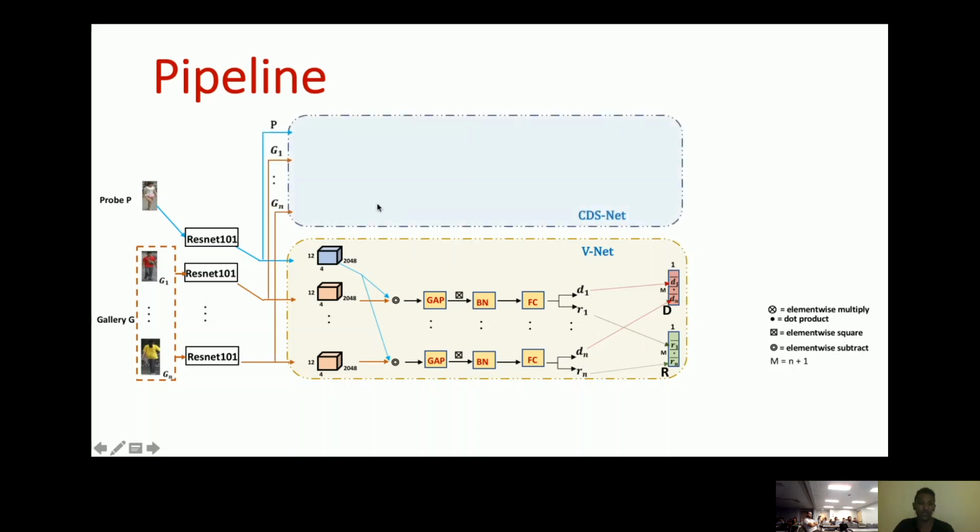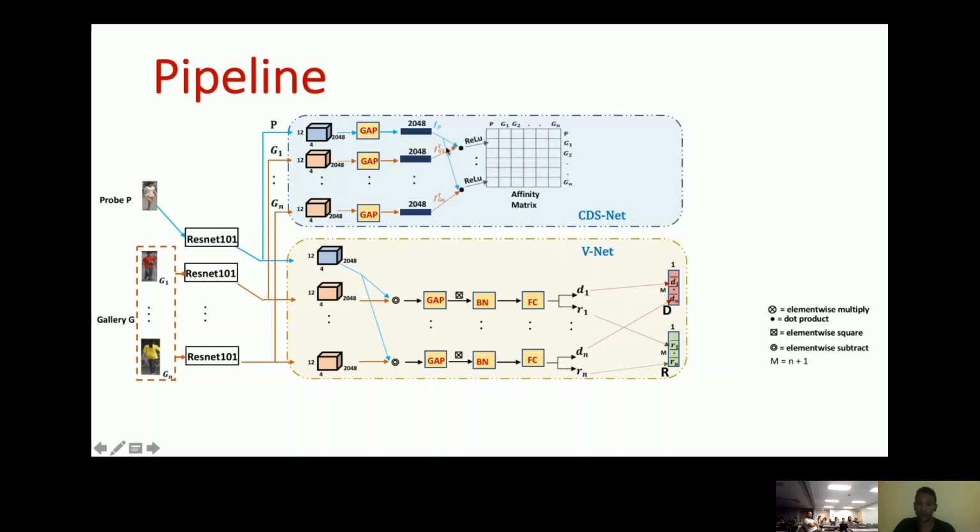At the same time, in the upper branch, we take the features and then we apply global average pooling, which is followed by a dot product to find the similarity between the given set of images. And we apply a ReLU to avoid negative similarity.